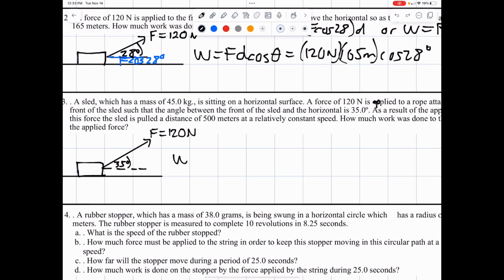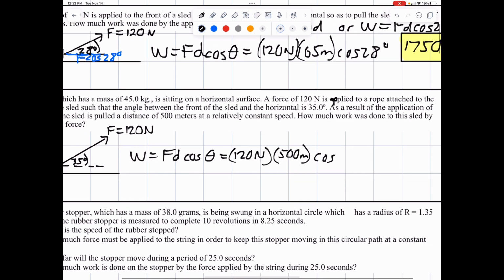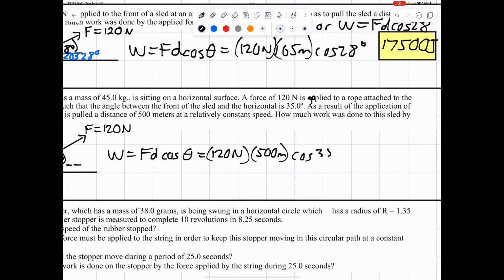Okay, well, again, we're going work equals force times distance times the cosine of the angle. We're going to go 120 newtons times 500 meters times the cosine of 35 degrees.